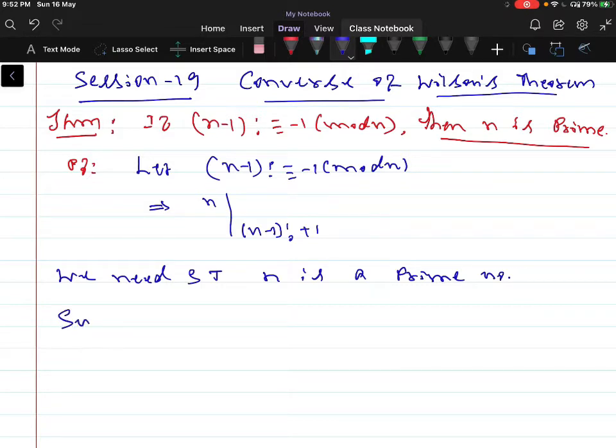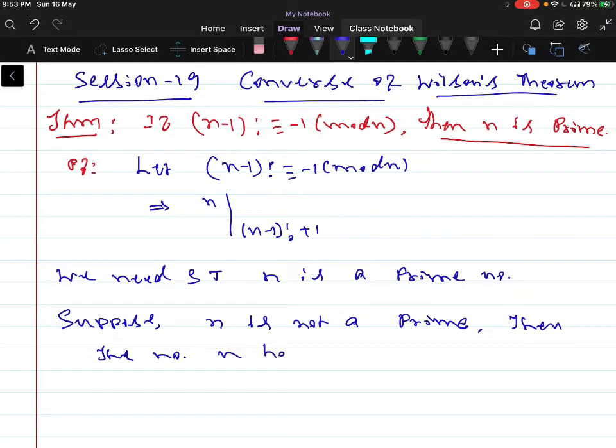Suppose we assume that n is not a prime. Then the number n has a divisor, that is d. So d divides n. Let us call this equation number 1.